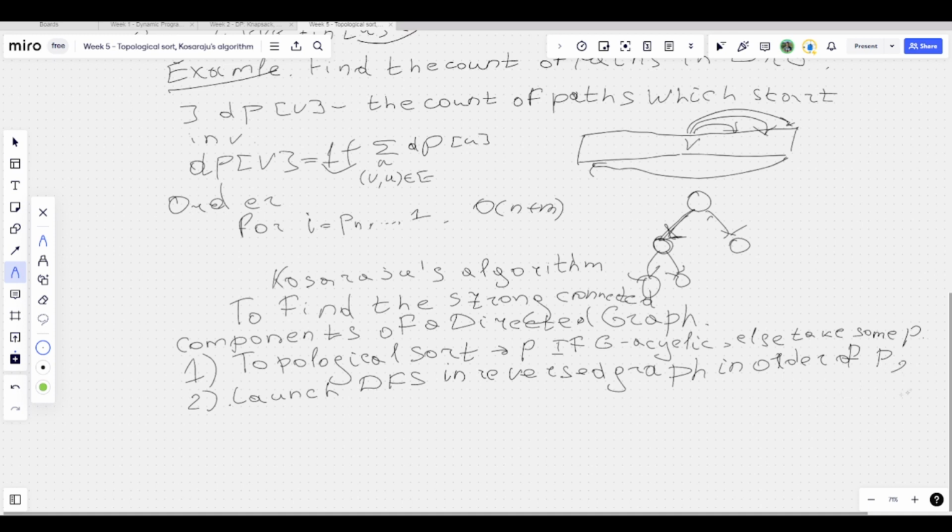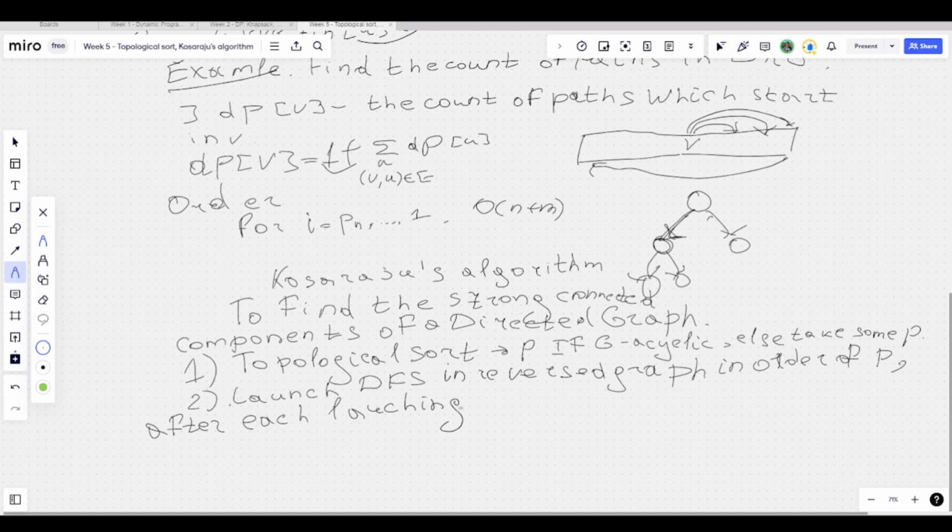After each launching, we get some vertices marked as black, and the set of these vertices will be our strongly connected component.